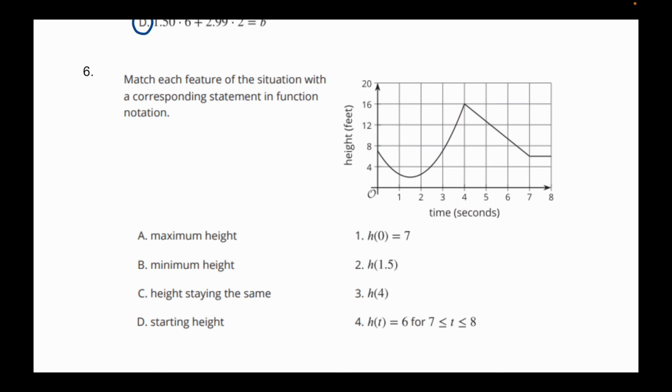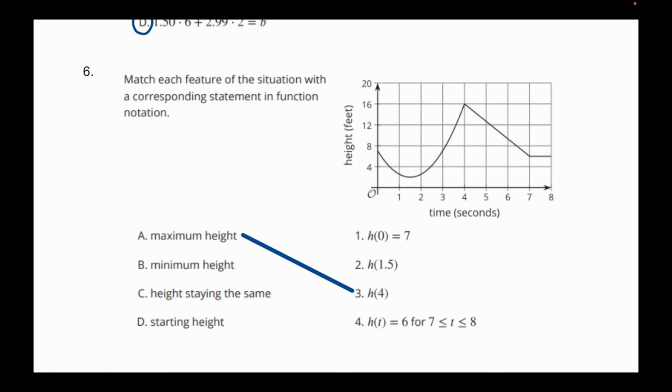They're not giving me any output values here, so we're just going to say this one is what matches with it. And actually, since this is matching, I'm going to draw lines in between them. So the maximum height is h of 4. It happens at 4 seconds.